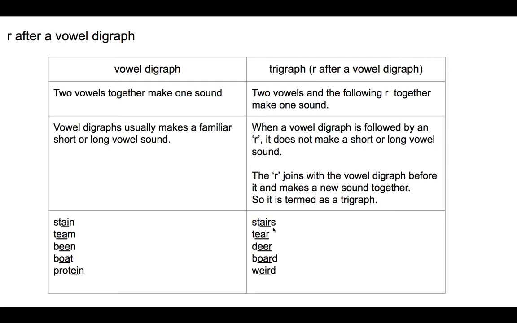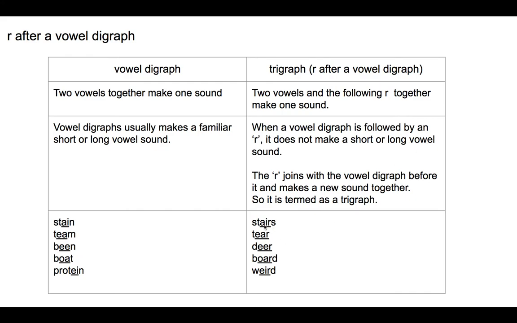St, airs, stairs, t, ear, tear, d, ear, dear, b, oar, board, w, eir, weird. So the two vowels and the following R together make one sound. And when a vowel digraph is followed by R, it does not make a short or long vowel sound.